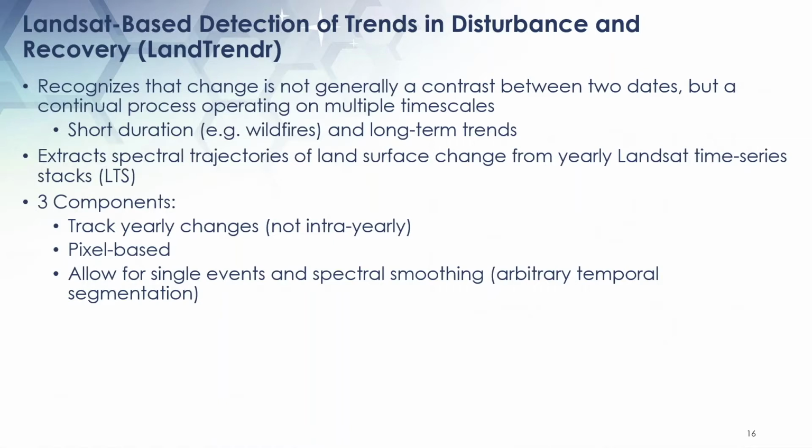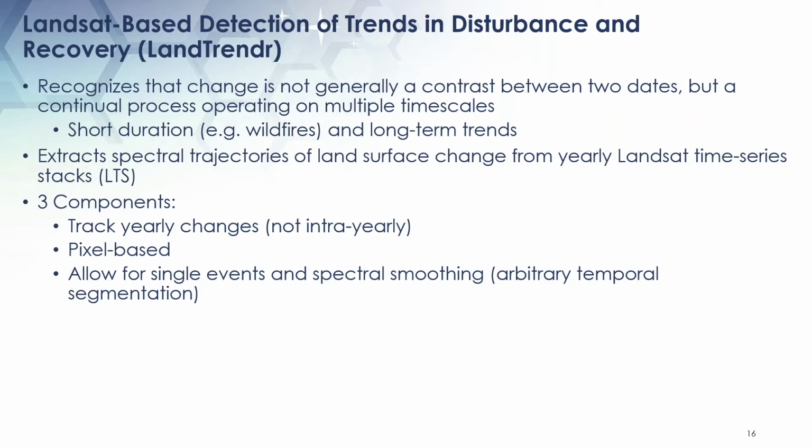One of the most common methods for identifying change in satellite imagery is the LandTrendr algorithm. This was developed by Robert Kennedy's lab at Oregon State University. This method recognizes that change is not generally a contrast between two dates, but a continual process operating over multiple timescales, and therefore can be used for short and long-term events.